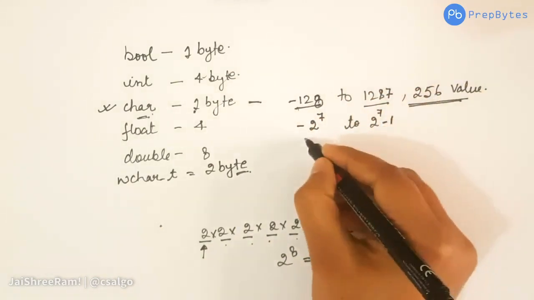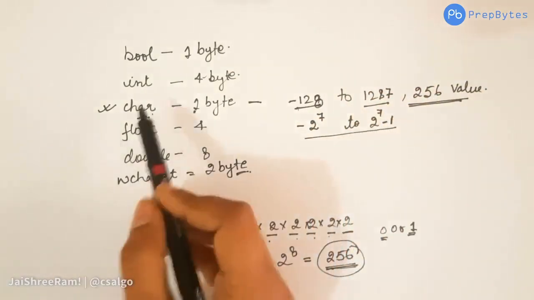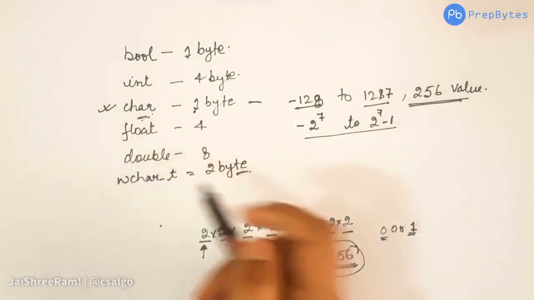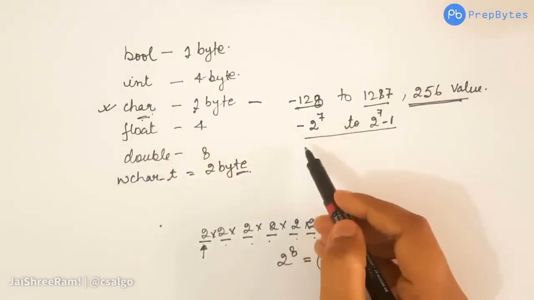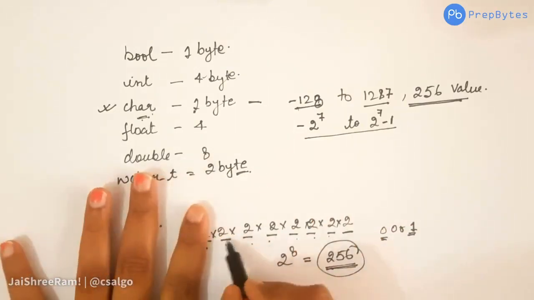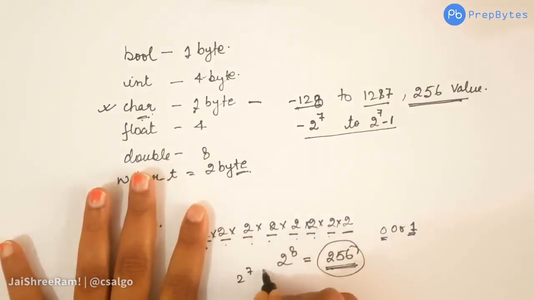So this is in case of character when we have both negative and positive numbers. When we are also considering the sign, whether it's negative or positive, as I said, the first bit is used for the sign only. So the values range from -2 to the power 7 to 2 to the power 7 minus 1.